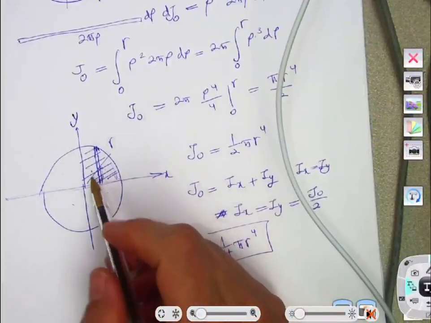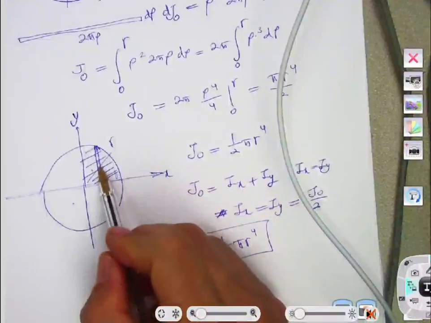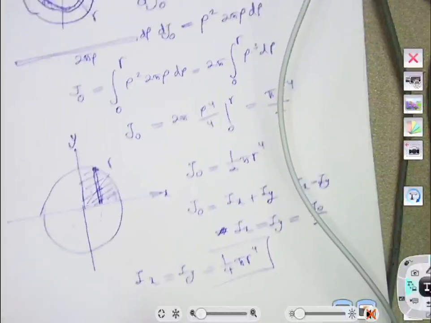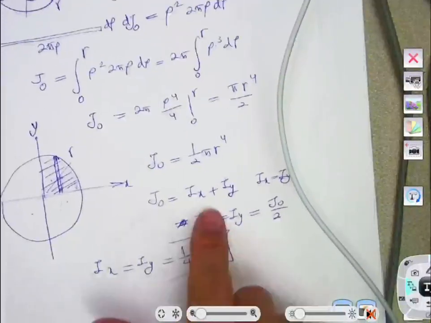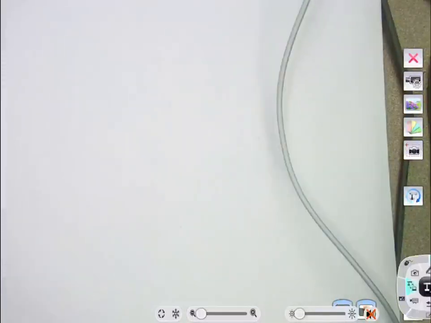So if you find it for one, multiply by 4, and you have it. But with this trick I avoid that. Now that I have the polar moment of inertia, I don't need to find those.